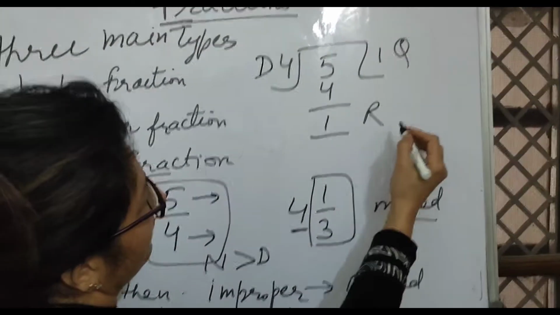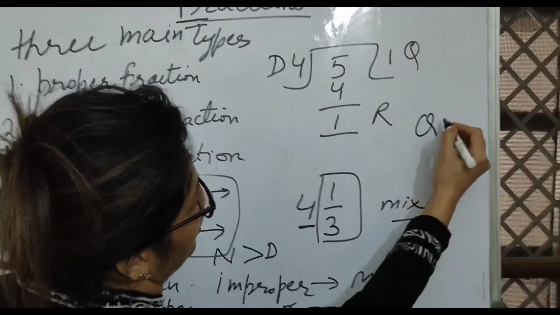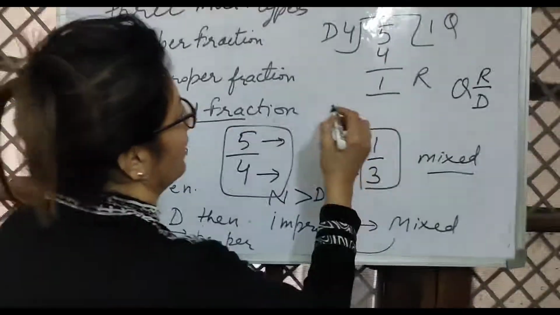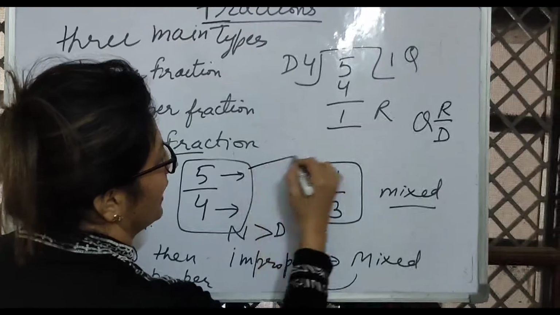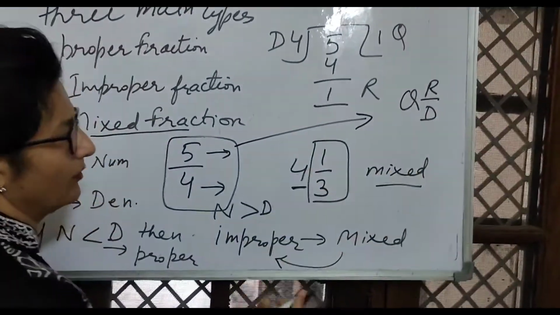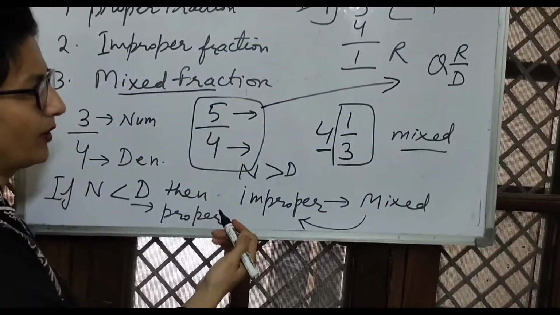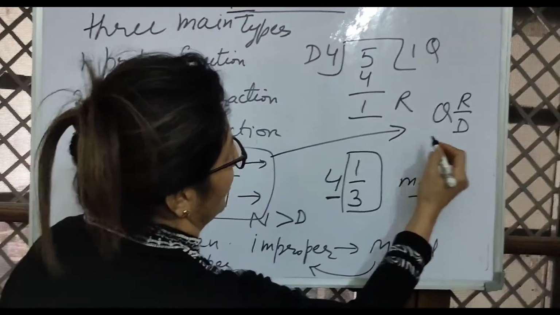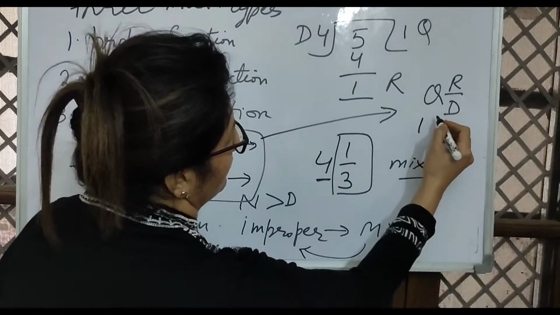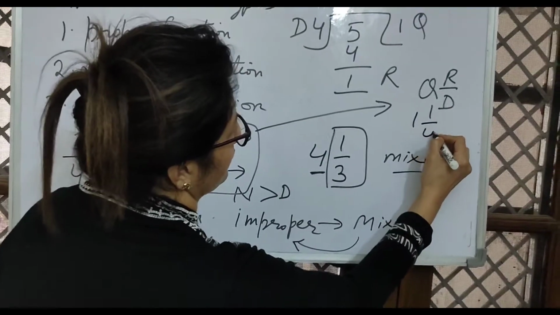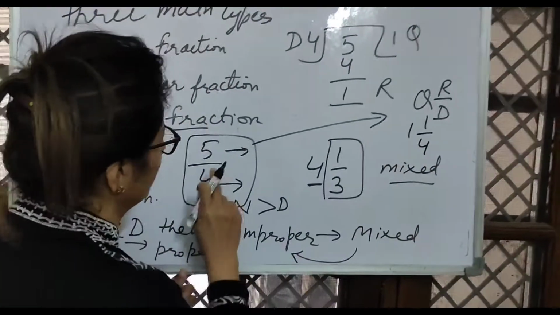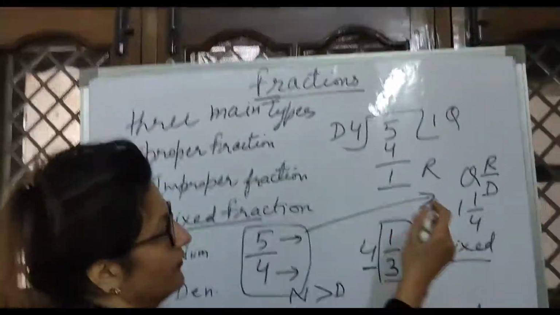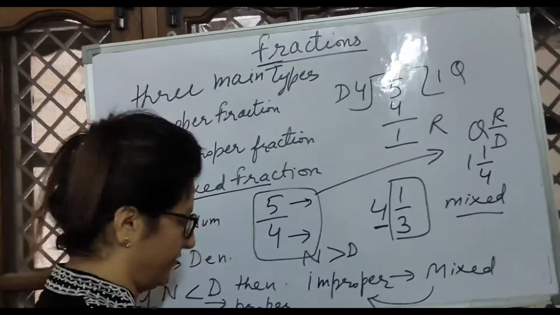Now I can write this in this form: quotient, remainder upon denominator. When I write an improper fraction in this form, it is called the mixed fraction. Now I am writing 1, remainder is 1 and denominator is 4, like this. Now this improper fraction I have changed into mixed fraction. 1 1 by 4 is a mixed fraction.